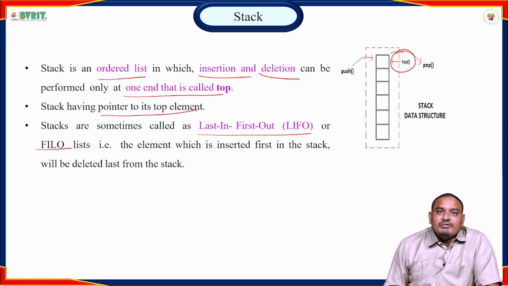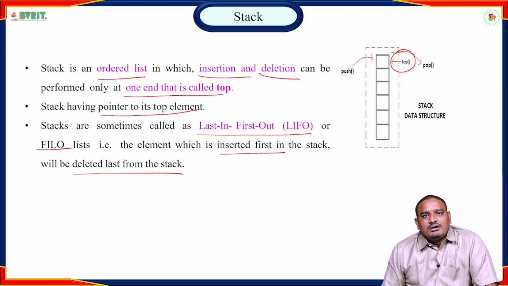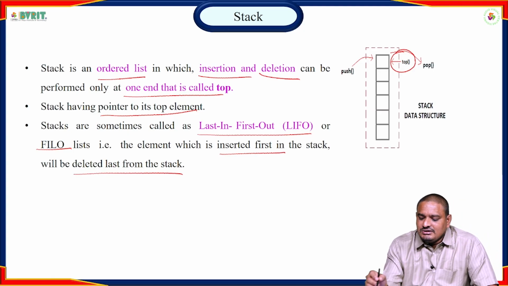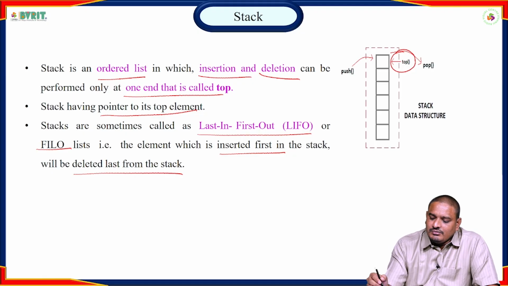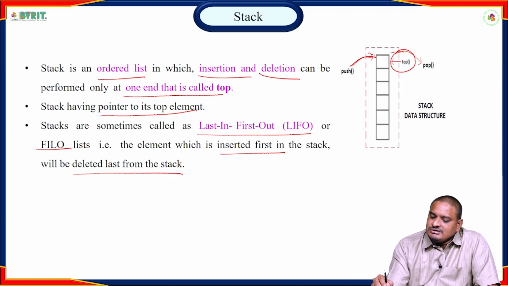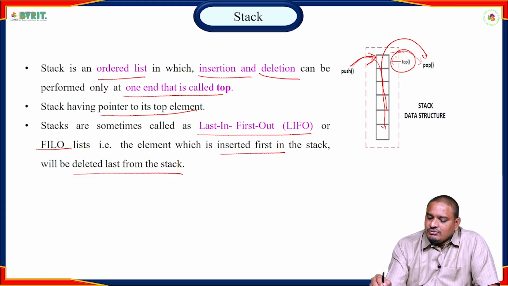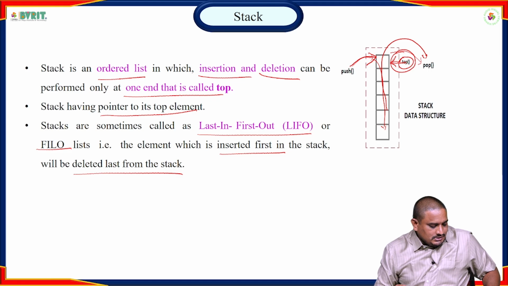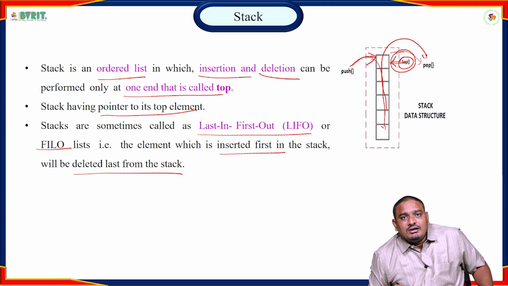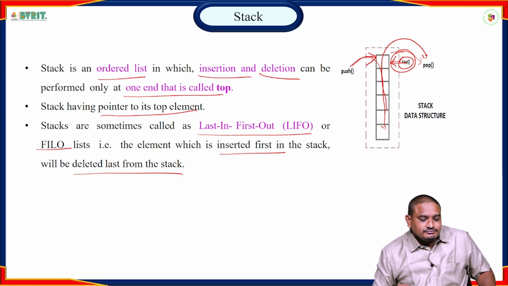The element inserted first into the stack will be deleted last from the stack. See this data structure in the diagram. The element is inserted at one end and removed from the same end. The stack points to the top position, that is called the top element. That is the data structure under the stack.